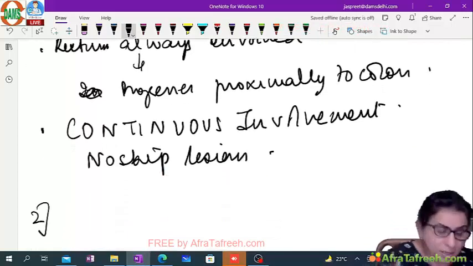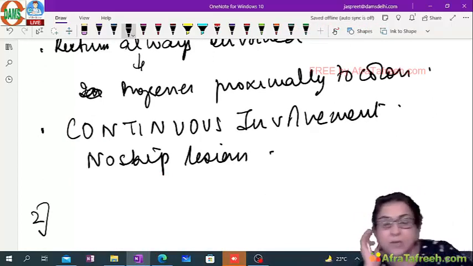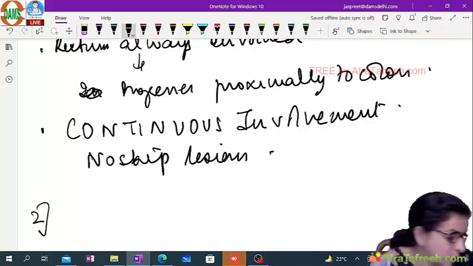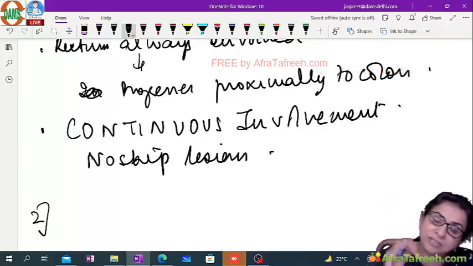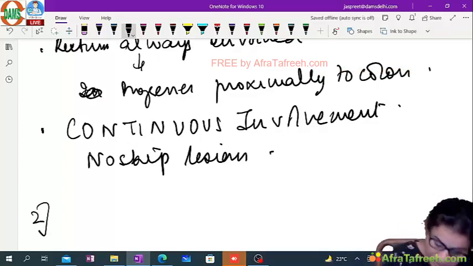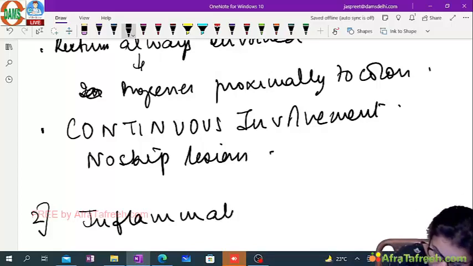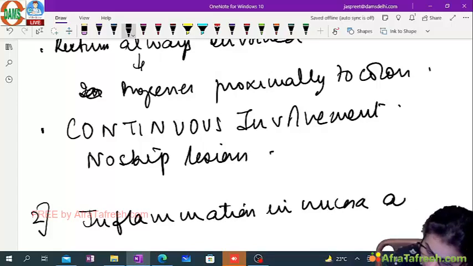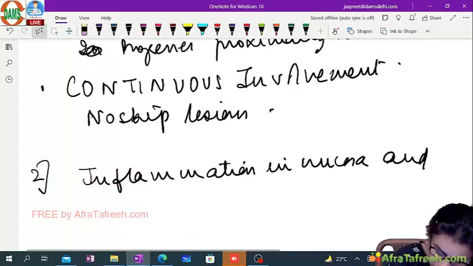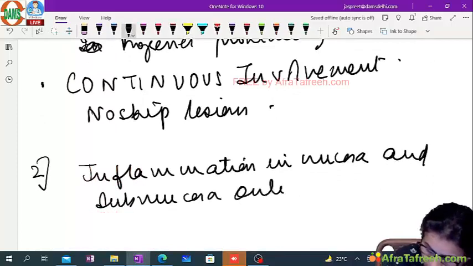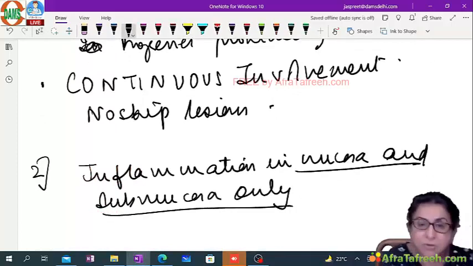Number 2, now in Crohn's disease, we saw that there was transmural inflammation. In ulcerative colitis, the inflammation is limited only to the mucosa and submucosa.